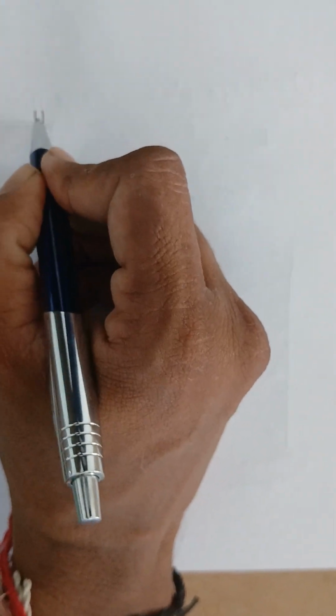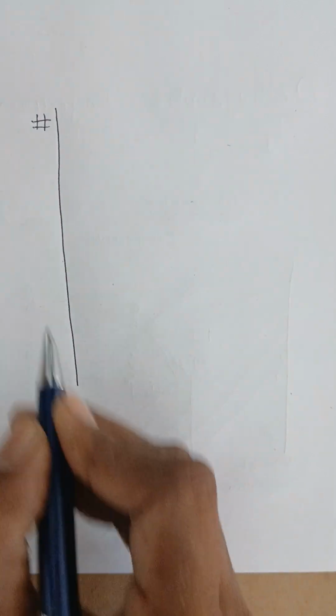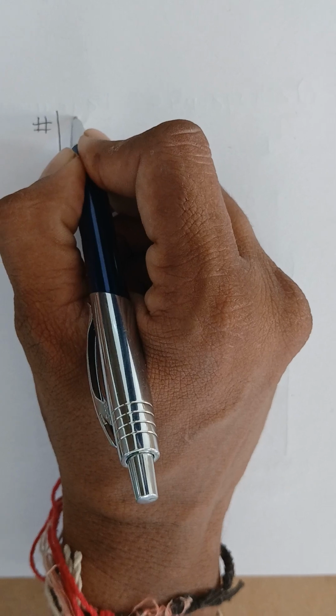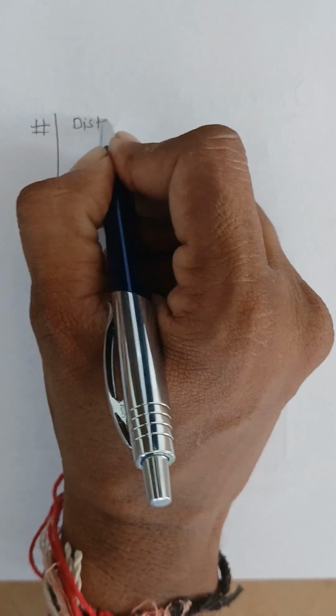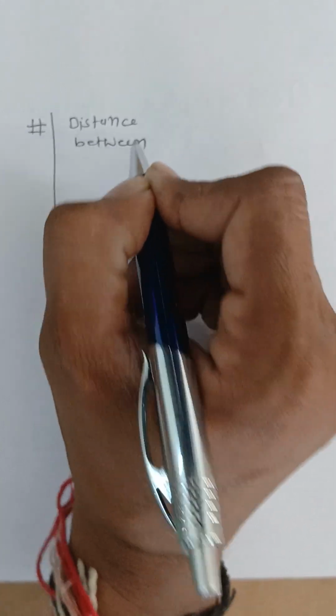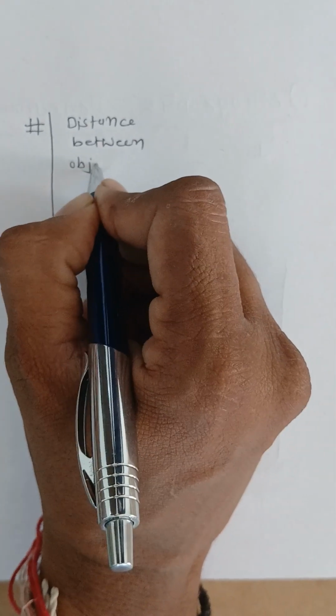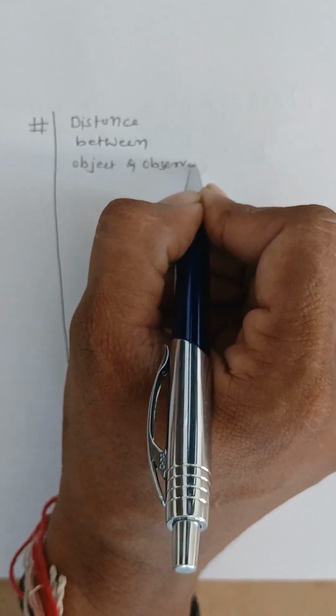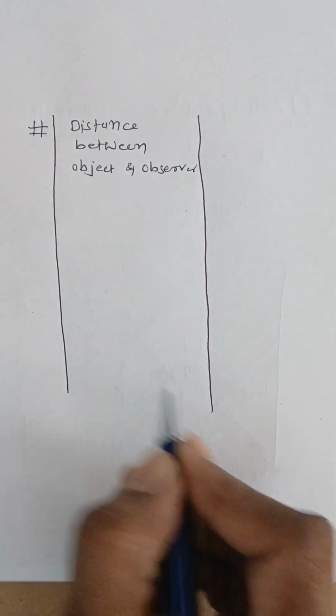Let's prepare a tabular form of this. Over here we will take a serial number, right? What is the first condition? Distance between object and observer. Second condition is what?